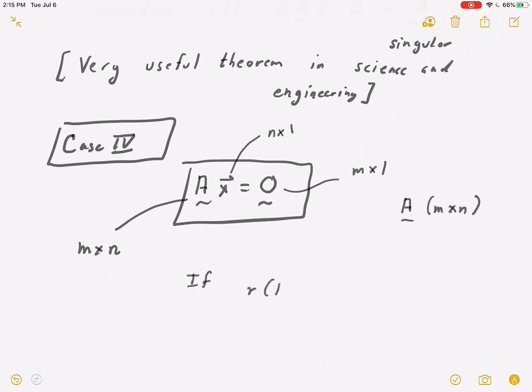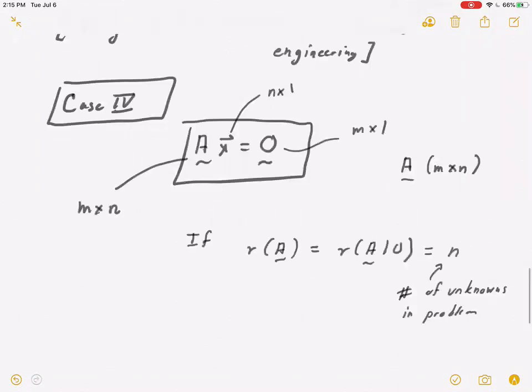And we've discovered that if you can calculate the rank of the coefficient matrix and compare it to the rank of the augmented matrix, and if that is in fact equal to the number of unknowns in the problem, then in fact a unique solution exists.